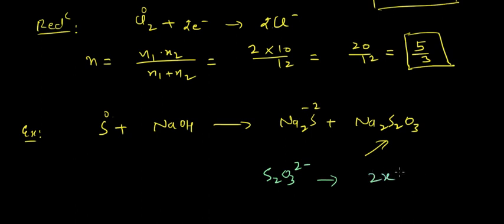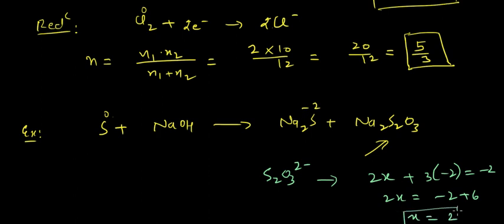Let's say the oxidation state of sulfur in this is x, and oxygen is fixed at minus 2, so 2x plus 3 times minus 2 equals minus 2, so 2x equals minus 2 plus 6, x equals plus 2. So the oxidation state of sulfur in this case is plus 2.